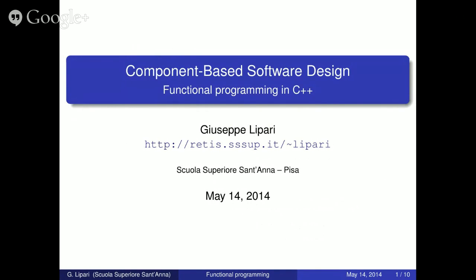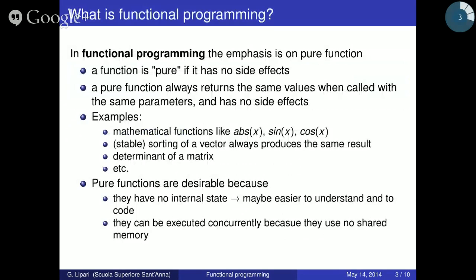Functional programming is a movement, I would say, of programming languages where the emphasis is on using pure functions as much as possible. There are languages based on functional programming. The most famous is Haskell, but you will find many other languages.